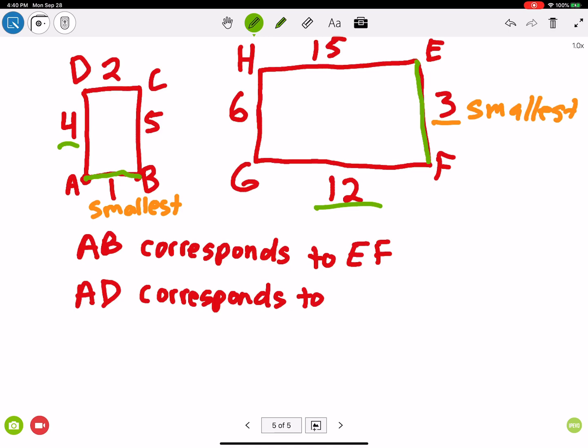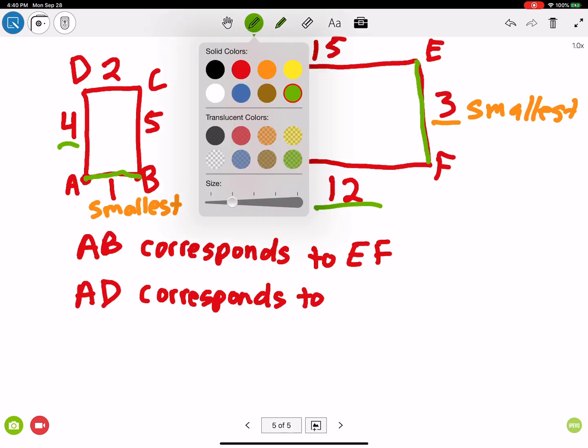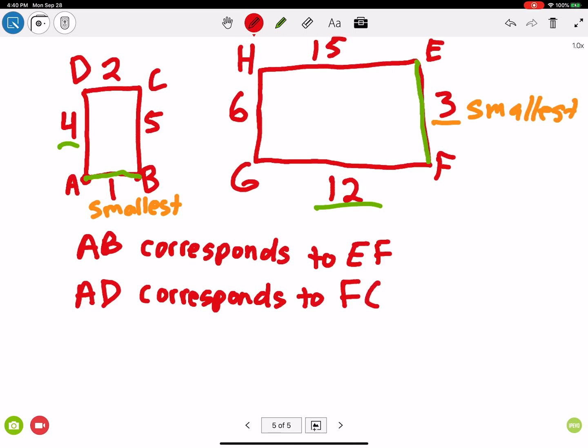It's 12, which is FG. There we go. So AD corresponds to FG. So now I can do this. AD corresponds to FG.